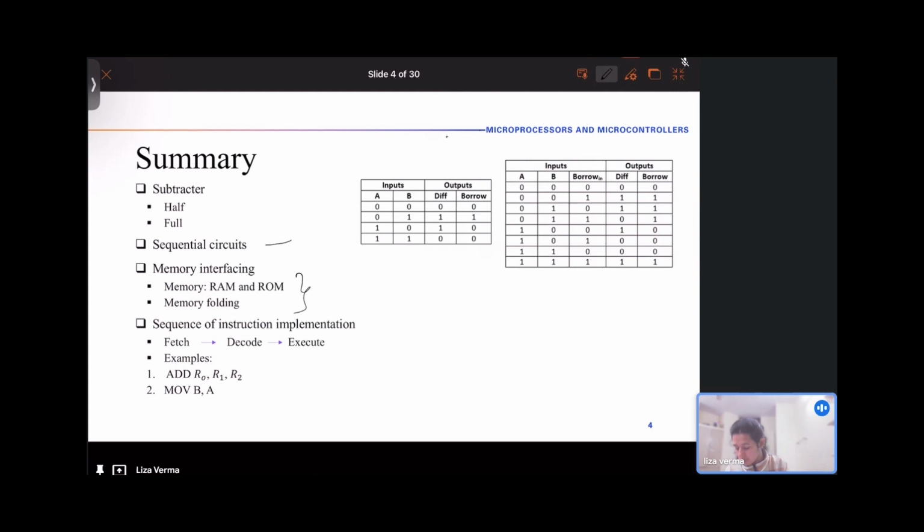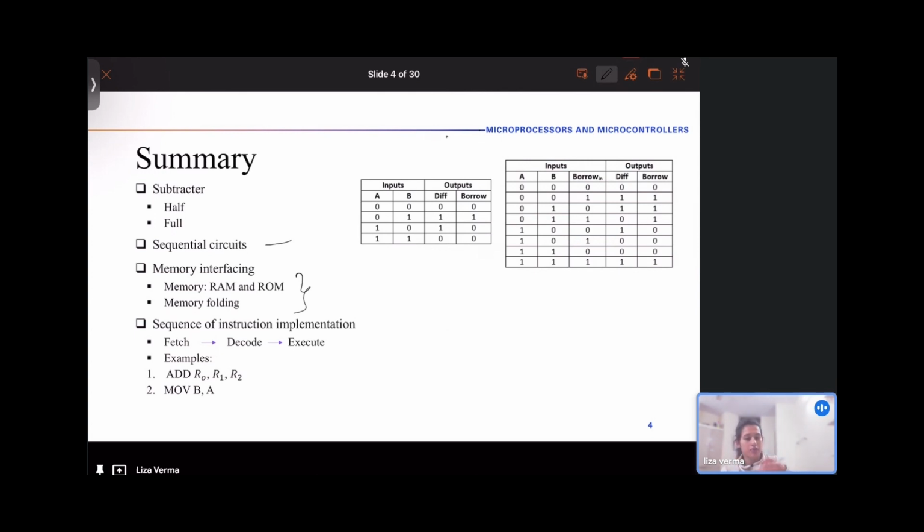Sequence of instruction implementation. Every instruction has three parts of its implementation. First is fetching, then decoding, then execution. So first the instruction is fetched, then it's decoded by the decoder and the microprocessor, and then the instruction is executed, whatever the operation was, for example add or move b comma a.